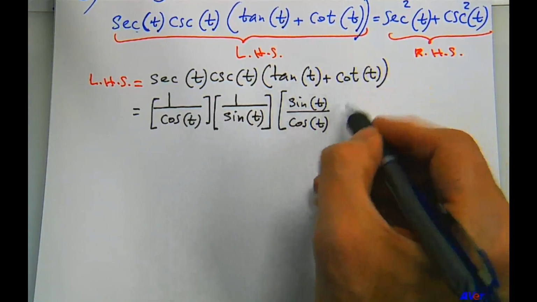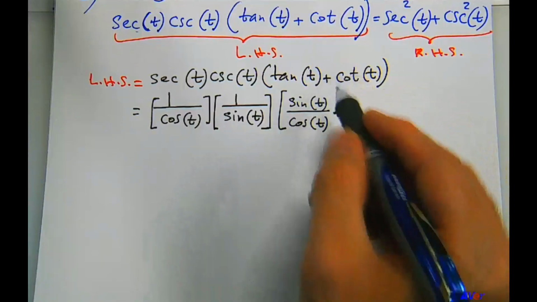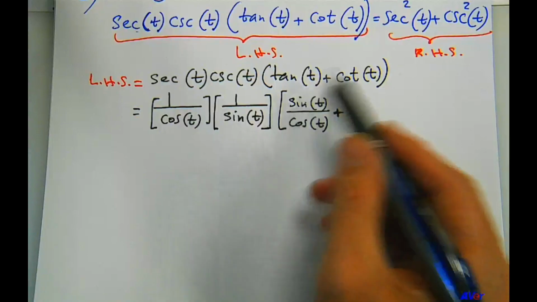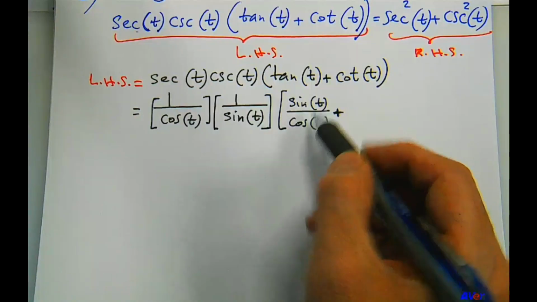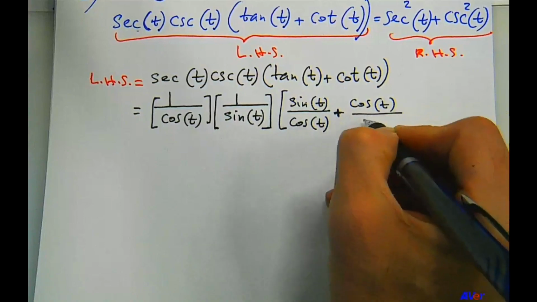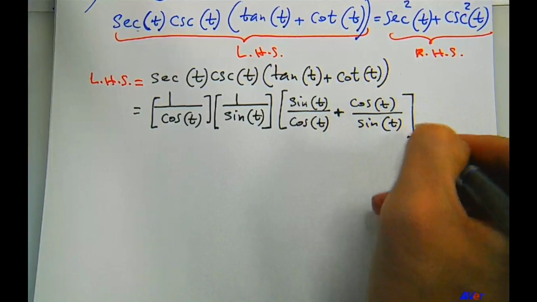And what about cotangent? Do you remember what cotangent was? It was the reciprocal of the tangent. So if you remember the tangent, you remember the cotangent. It's just cosine t over sine t.